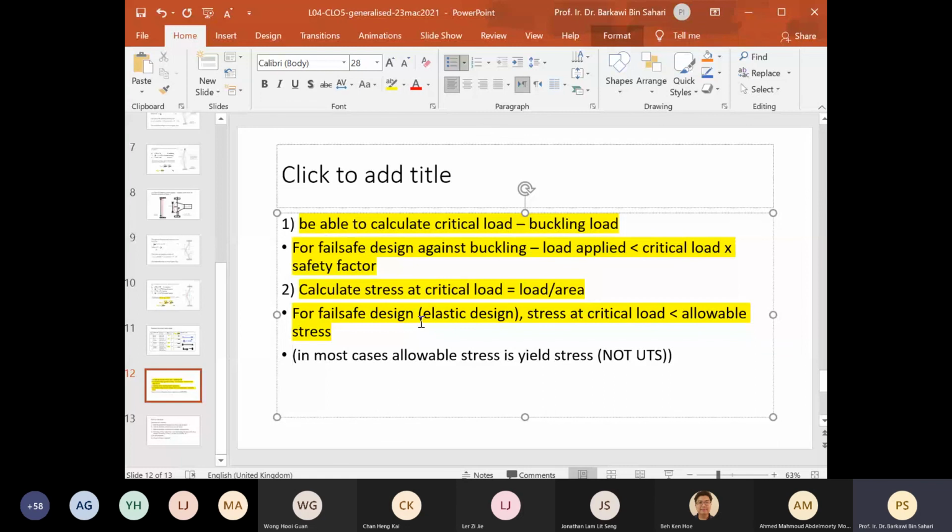The fail-safe design that we are talking about is elastic design, so the allowable limit for the stress is yield stress, not UTS. If you use UTS, there will be some plasticity in whatever structure you are applying. So normally for fail-safe, it is elastic design, limited against yield stress, or against proof stress if the yield stress is not clearly defined.